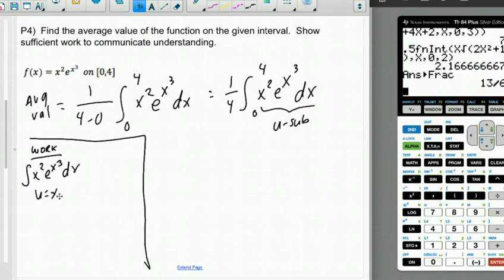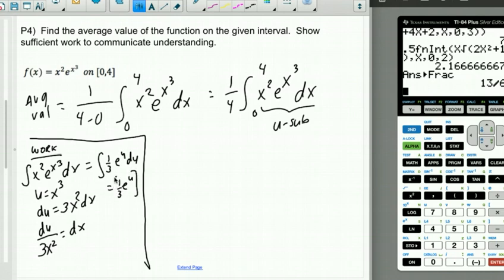So if my u is an x cubed, my du is a 3x squared dx. So I'm going to end up with a du over a 3x squared equals dx. So this is the integral of a 1/3 e to the u du, which means I'm going to get 1/3 e to the u, or a 1/3 e to the x cubed.